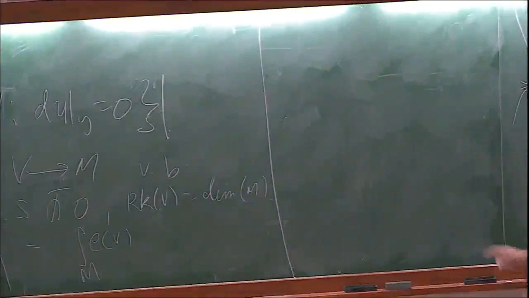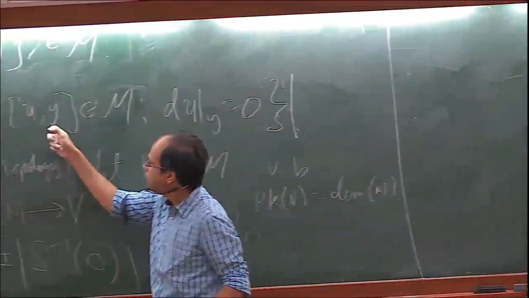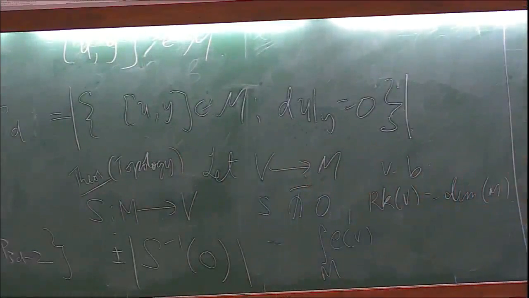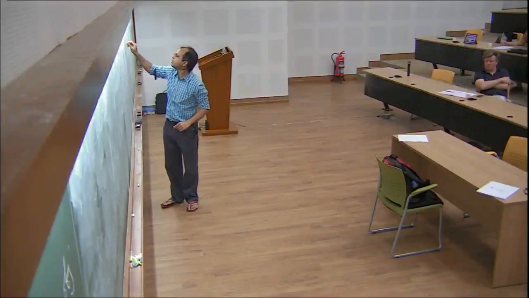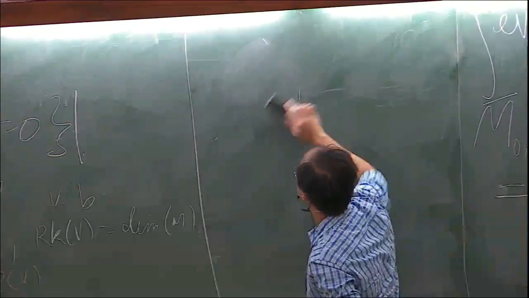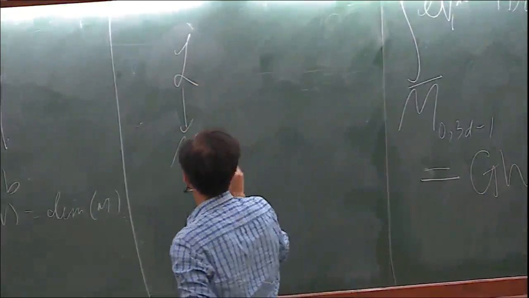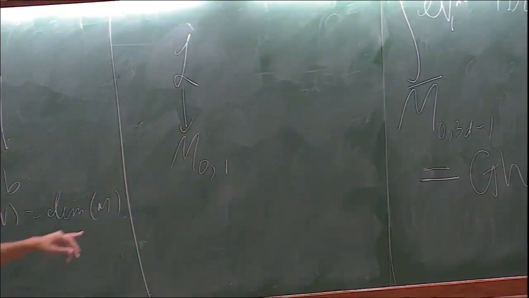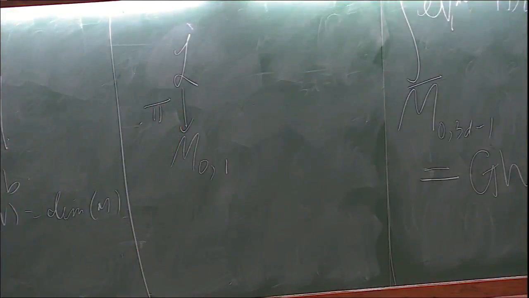So let's take a look at this. You have a map and you are taking the derivative at the marked point. So let me define this bundle. You're looking at the moduli space of curves with one marked point. To specify a bundle, essentially I have to specify the fiber at each point.